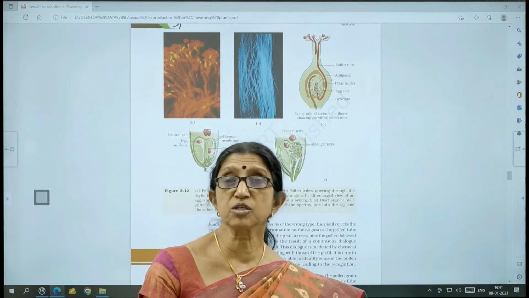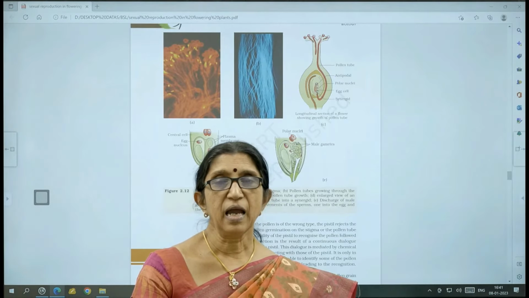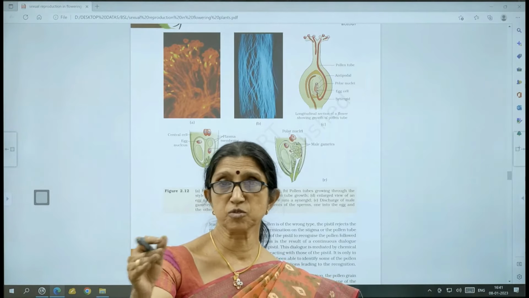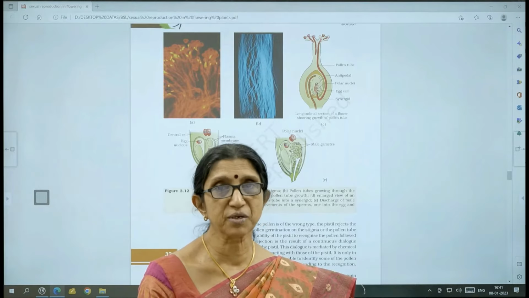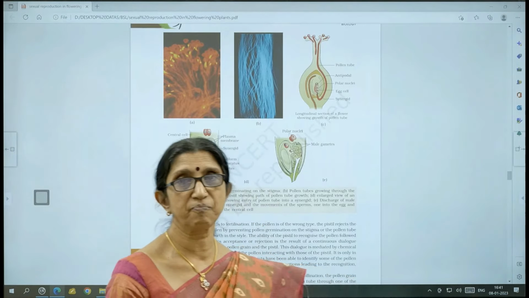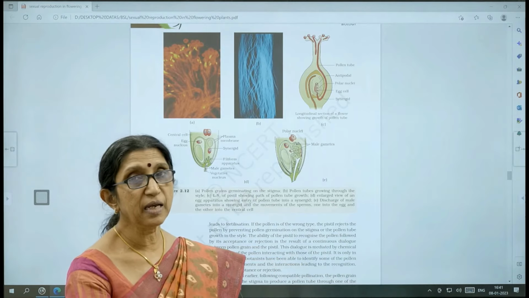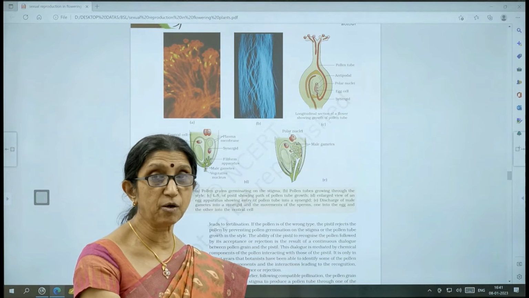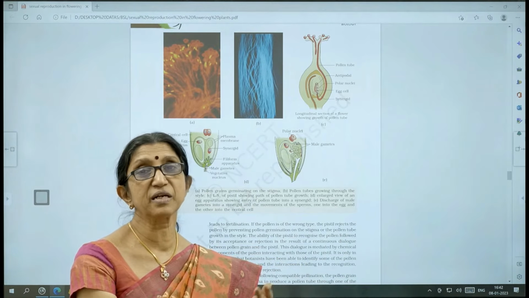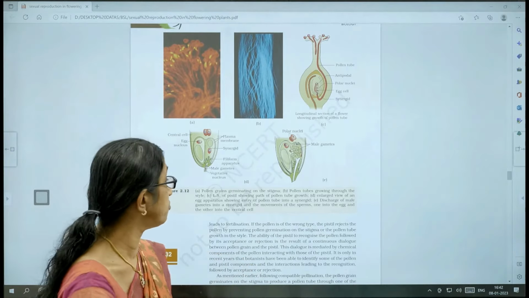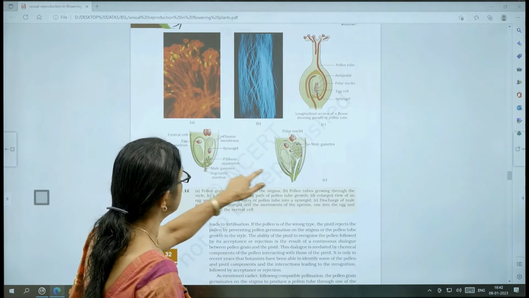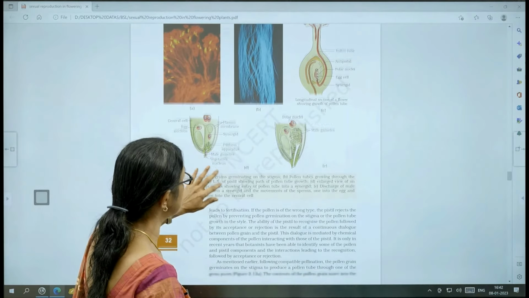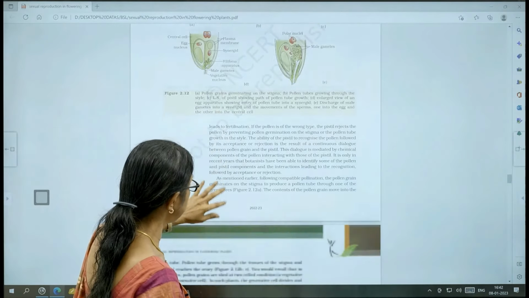Now the zygote will develop into the embryo, and from the primary endosperm nucleus there is formation of the nutritive tissue called endosperm. So thus in angiosperms, endosperm is generally triploid, and it is a post-fertilization product or post-fertilization structure. So this diagram shows the process of syngamy.